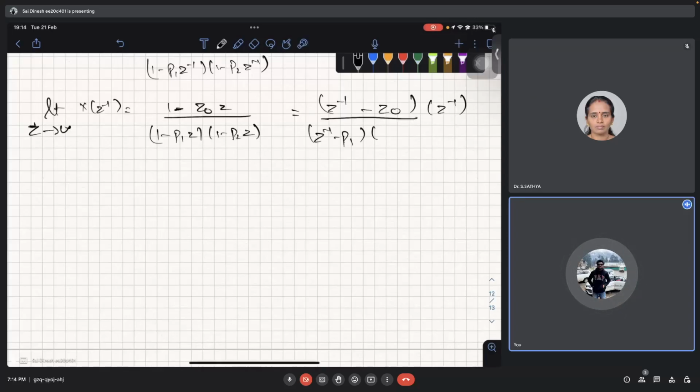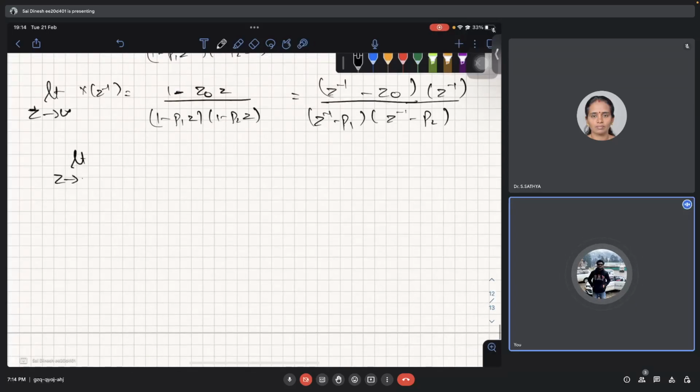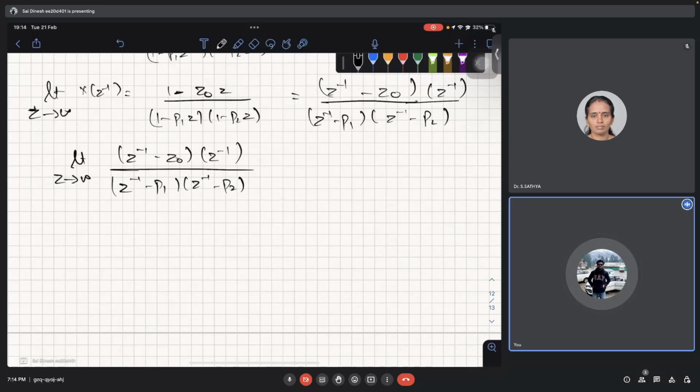So if you put z to the power minus 1 inside, we get z to the power minus 1 minus z0 into z inverse by z inverse minus p1, z inverse minus p2. What he said is that the limit as z tends to infinity of this expression is equal to 1.